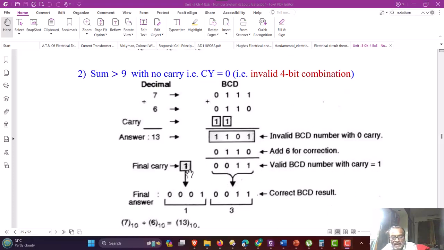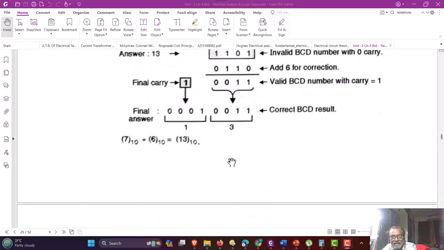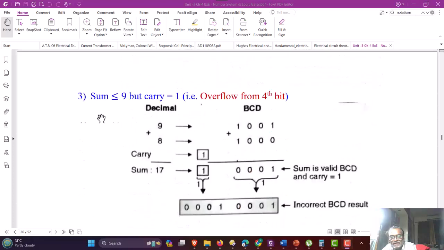Then the final answer will be of 2 BCD numbers: 0001 is the most significant BCD number and 0011 is the corrected BCD digit, and that corresponds to 13. You can check that the first 4 bit number corresponds to 1 and 0011 corresponds to 3.